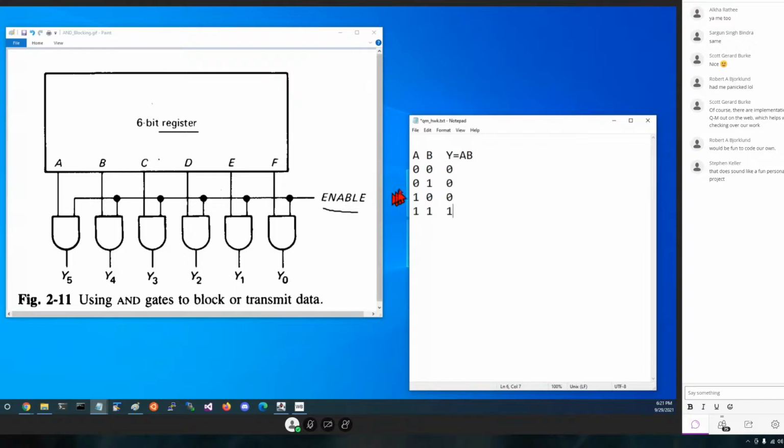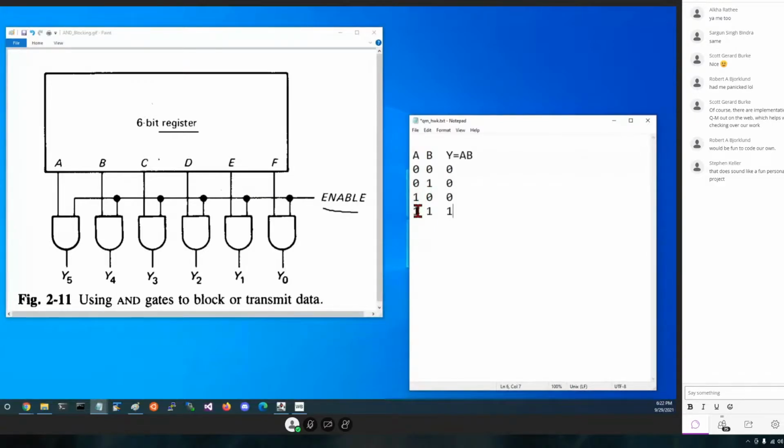So what we're doing is, if you think of A as being a blocking device, it happens to be the second input here, but that's okay. Anytime we make one of the signals a 0, the output is forced to be a 0. So if we make A our gate, anytime it's a 0, the output's a 0.